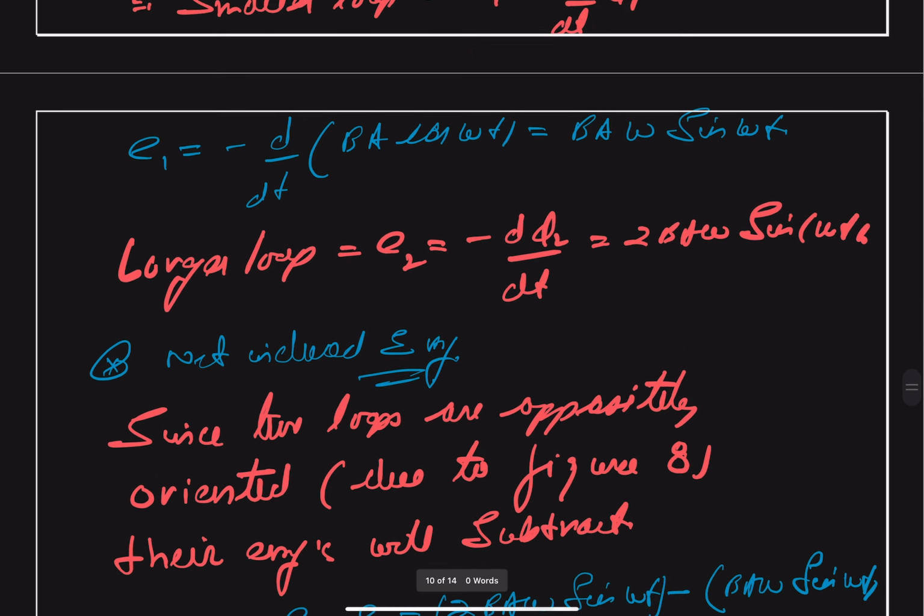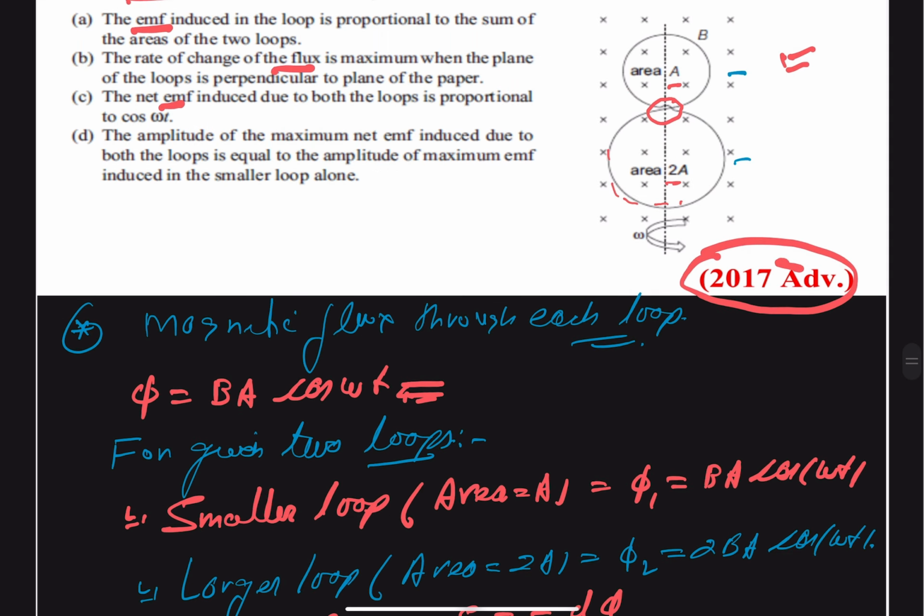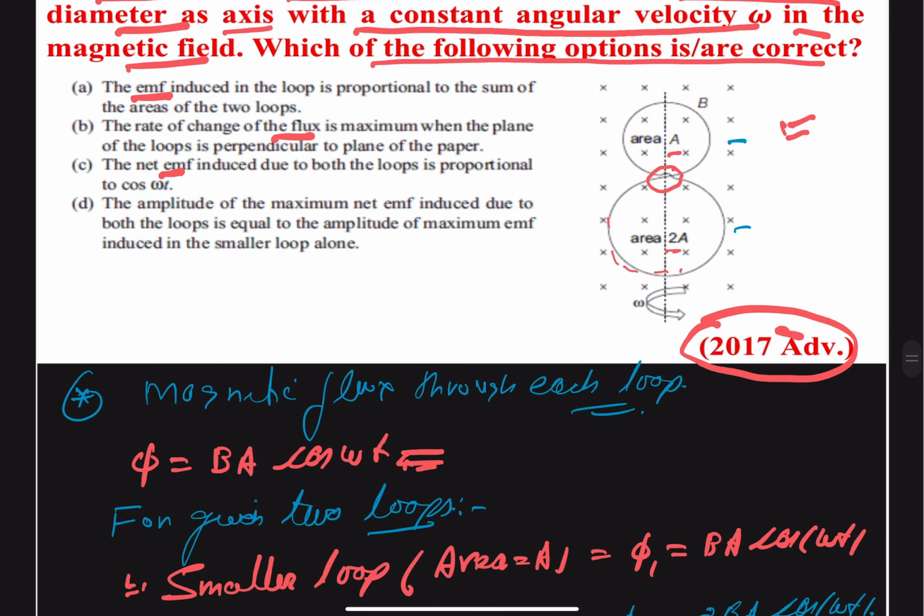I think one of the options given says it is proportional to the sum of areas of the two loops, whereas we can say it is not proportional to the sum, but it is negative of the sum. So option A is incorrect.